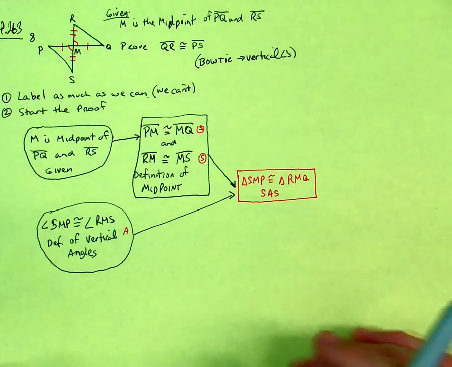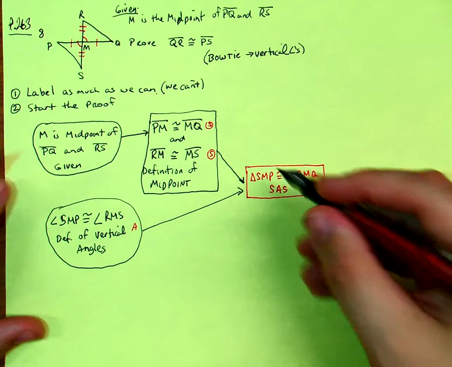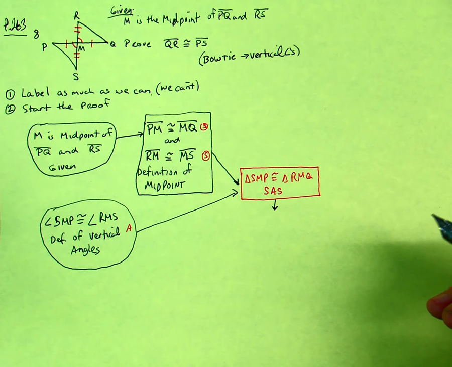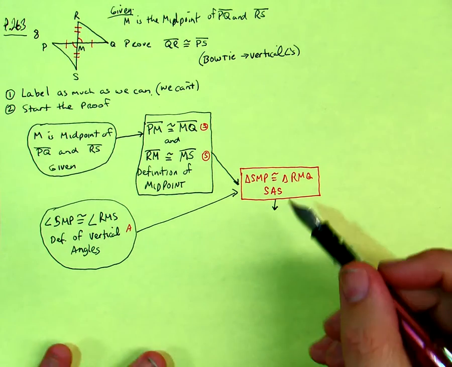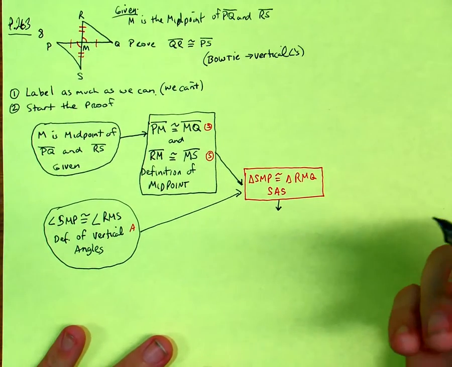Now, the nice thing is, can I say now that QR is congruent to PS? Absolutely. At this point, any corresponding part is congruent in the triangles.